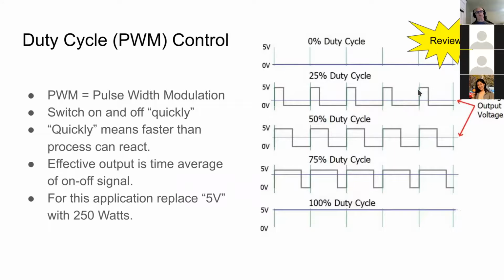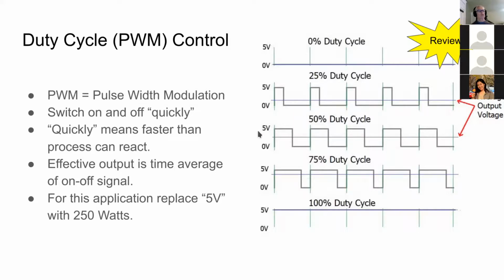So I talked about this with my yogurt cooker, and this was much slower pulse width modulation. But the point is that this is a very, very common technique. If you get out of this course and you don't know what PWM is, I've failed my job. And so I want to hammer it. So pulse width modulation means we switch on and off on regular periods.